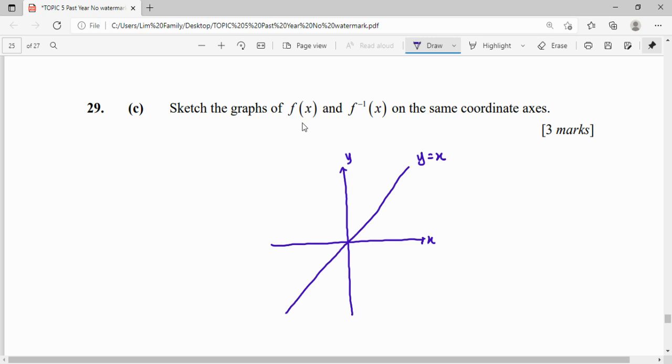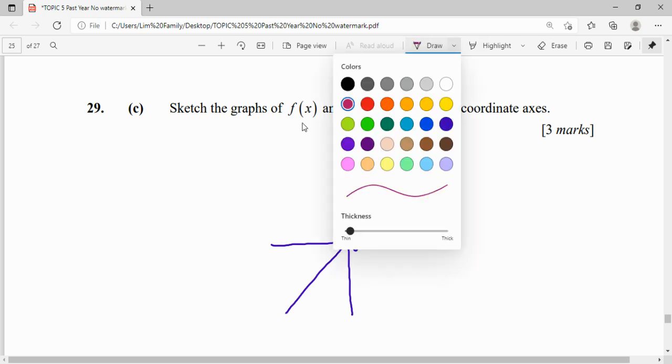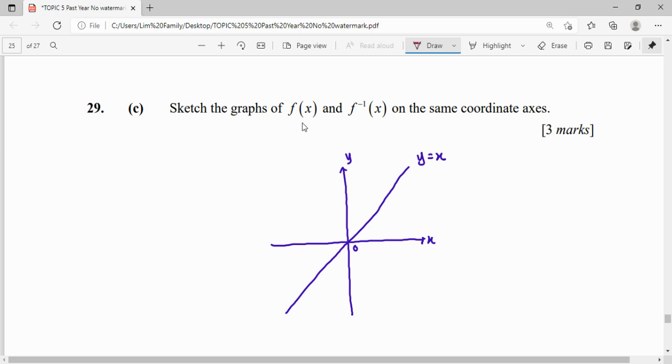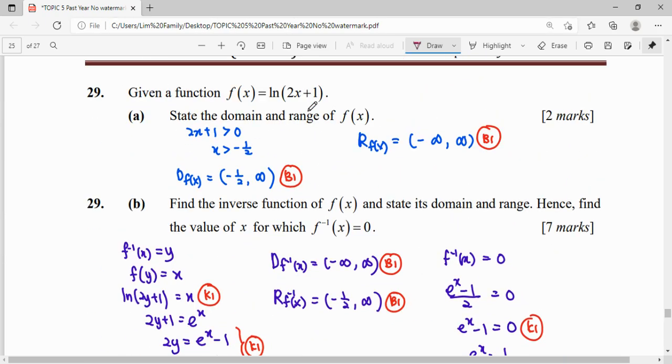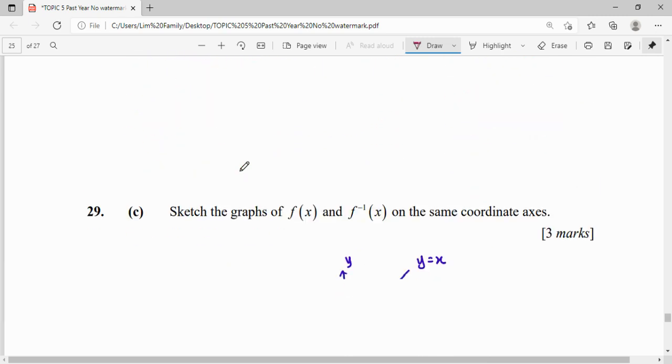So this is how we're setting. Label our origin 0, and then we will start to draw our log function, which is ln(2x + 1). We notice that our domain starts from negative half, so here is our asymptote.